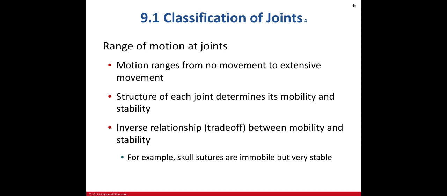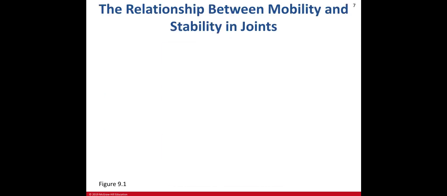For example, the skull has joints that we call sutures. They're immovable. It's a fibrous joint, but it is incredibly stable. On the very opposite end, you have something like your hip, which is a synovial joint. It's incredibly movable, but as you may know from relatives or yourself, you can damage and injure that joint pretty easily. So that's that inverse relationship.